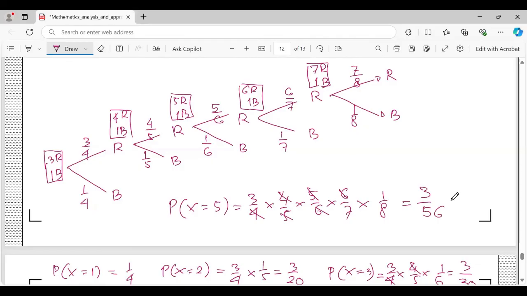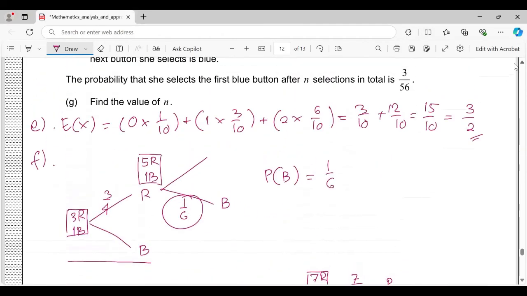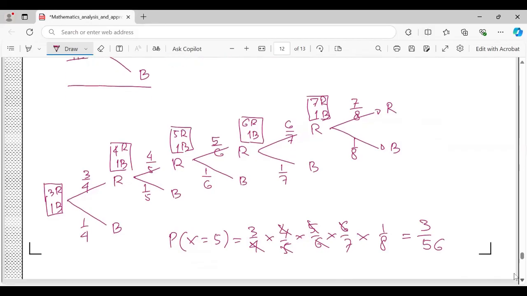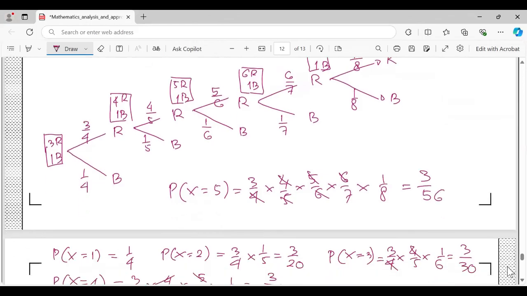Now look at the question, 3 over 56. So it means n equals, we have to check, n equals this one, 5. So the answer for this part, n equals 5.